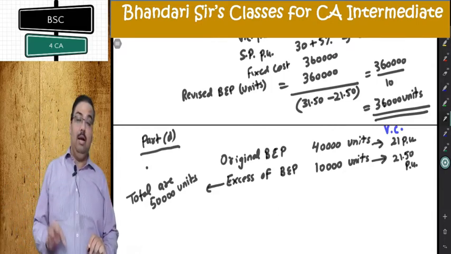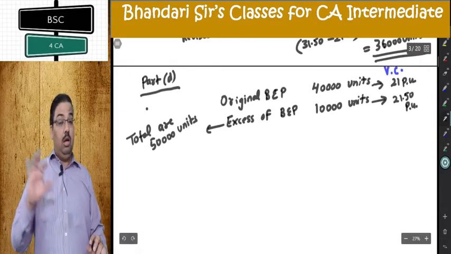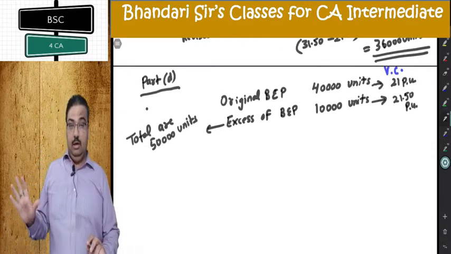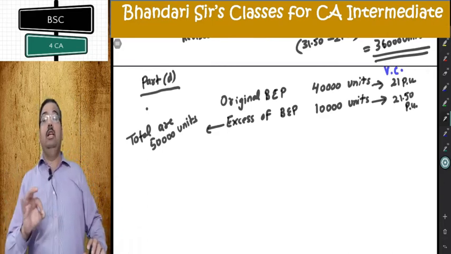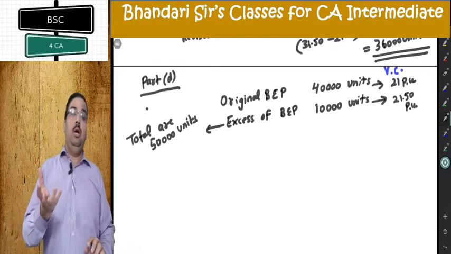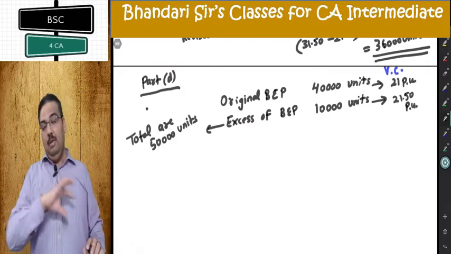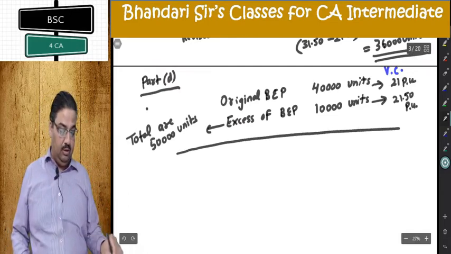I need to calculate profit arising out of this situation. My contribution per unit is not constant. Till break-even point, it is 9. After break-even point, it is 8.50. So remember, there is some differentiation. I am not making category by category income statement. I am making clubbed income statement for 50,000 units.